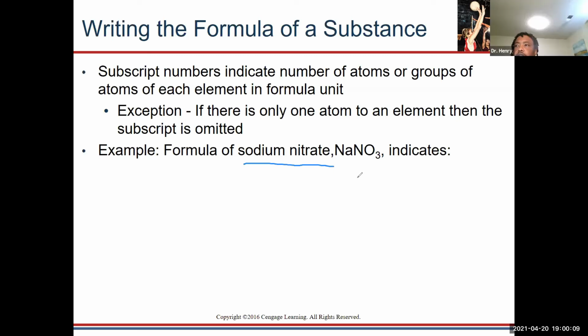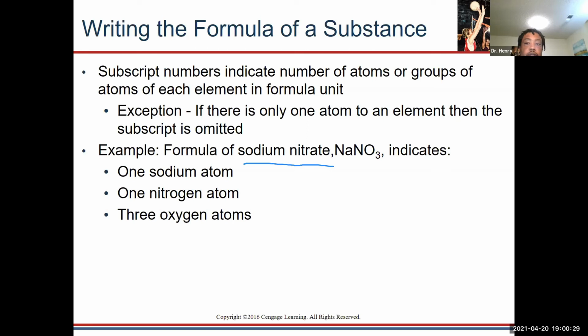And then how many oxygens? 3. So that makes up our chemical formula, right? 1 sodium, 1 nitrogen, and 3 oxygens, right?